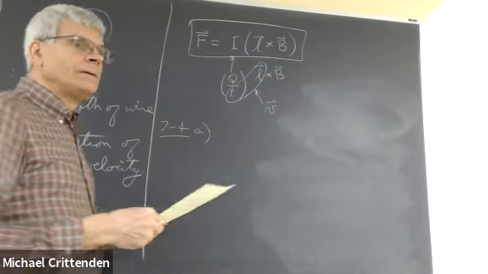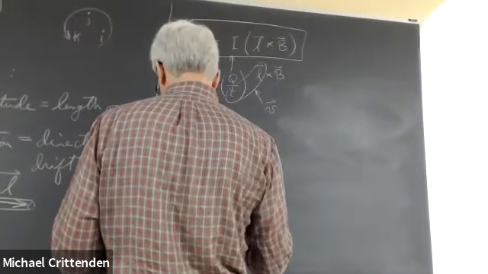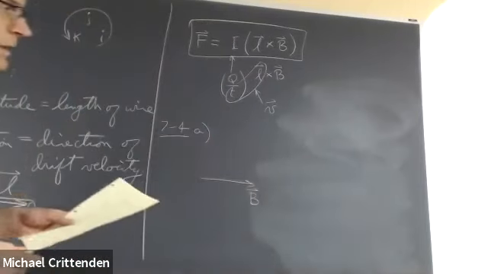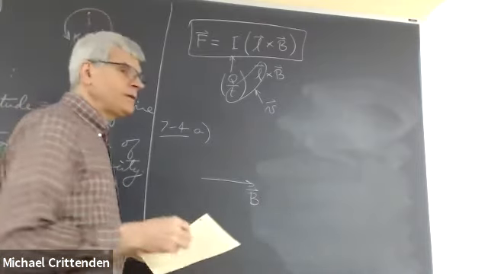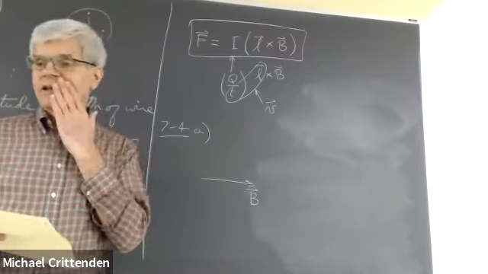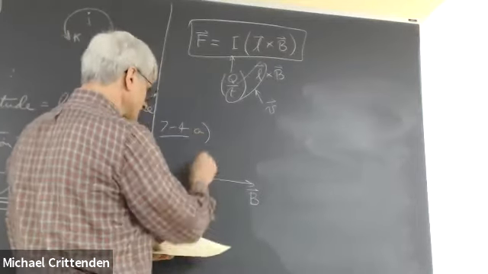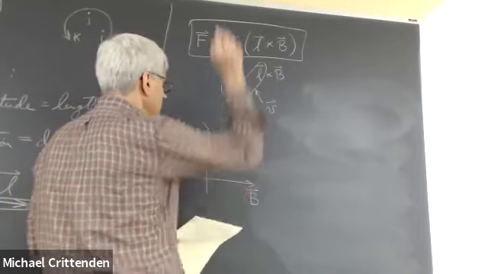So hopefully you got that. Part A, the magnetic field is pointing toward the right, positive x. And the direction of the length vector, I mean, is up the y-axis, like that.